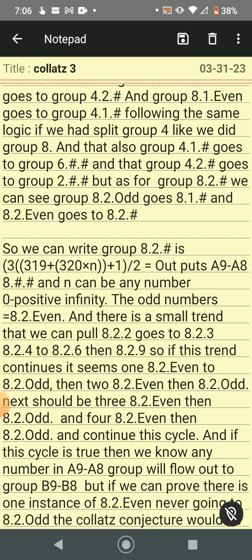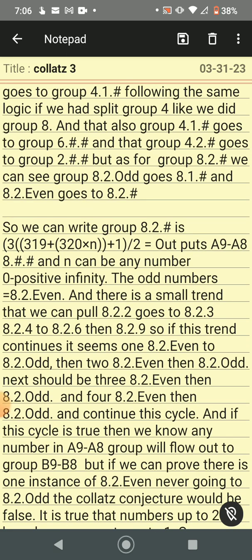It can go to 8.1 or 8.2 in the group 8, A9 A8. The n can be any number 0 to positive infinity.